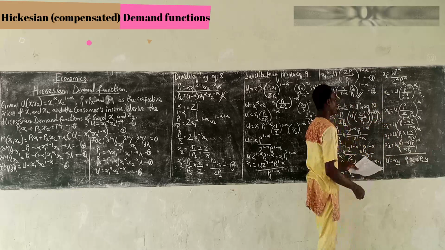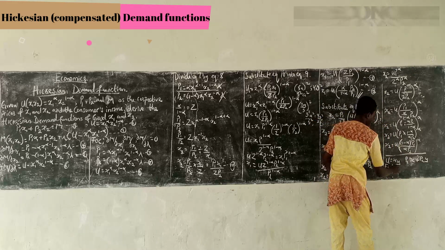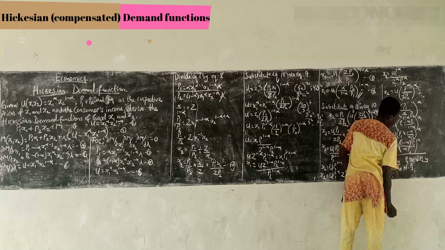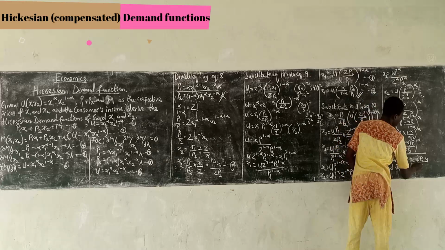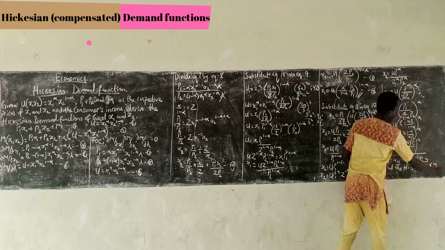Okay, so here you have to find the Hicksian demand function for x and y.